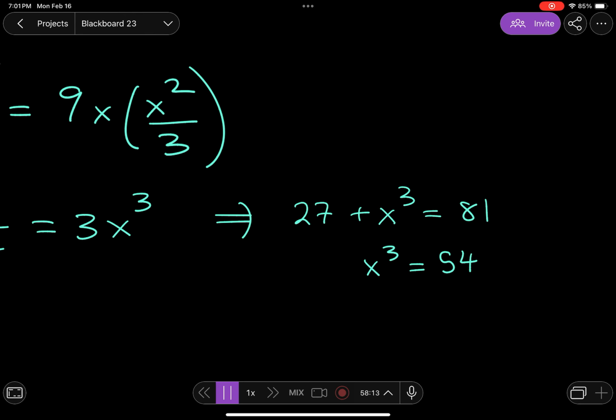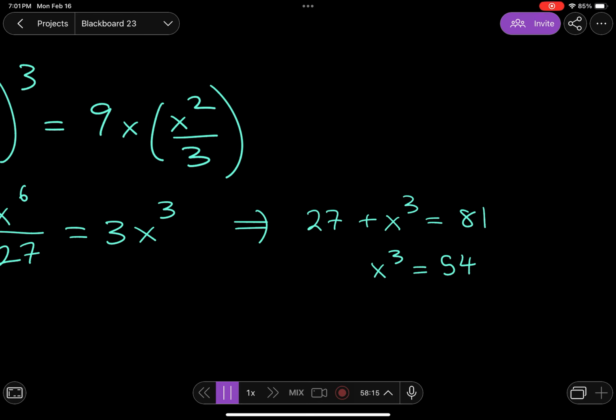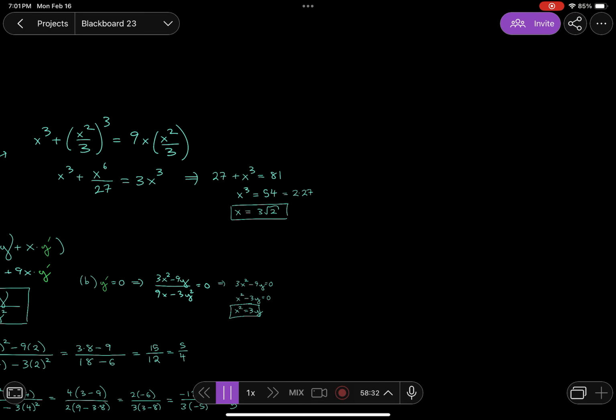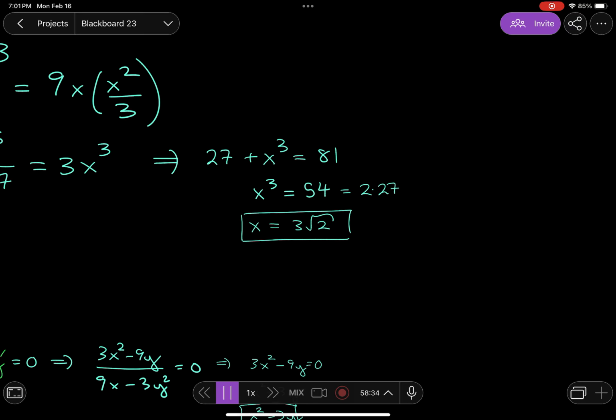X cubed is equal to 54. Am I right on that? I think I'm right. Okay, so 54 is what? 6 times 9. This is the same thing as 2 times 27, which means that x is equal to 3 root 2.